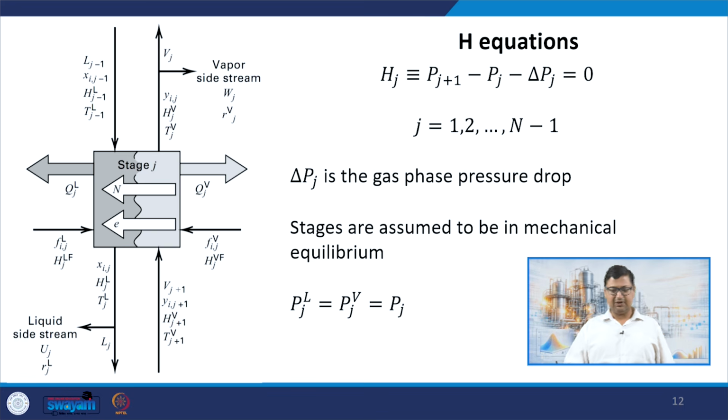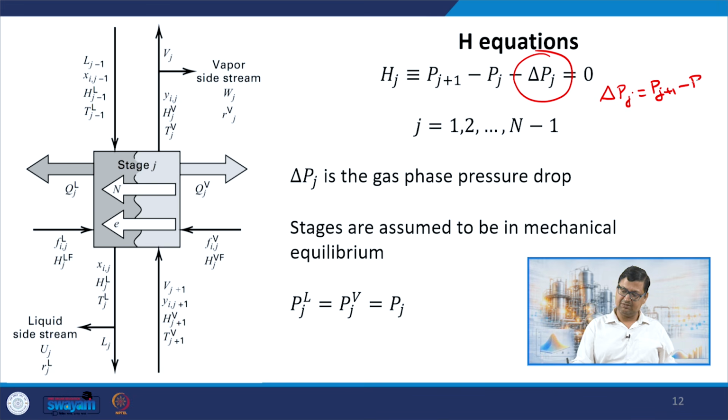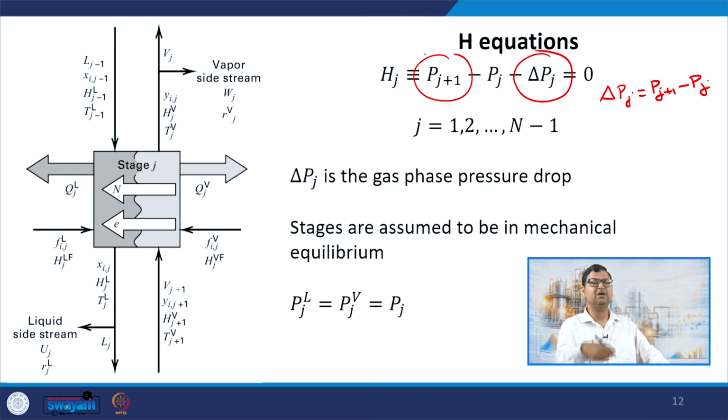And then we can write the H equations, the hydraulic equations that correspond to the pressure. So, we say that there is a net pressure drop delta Pj between the stages, which is defined as Pj plus 1 minus Pj, and we are writing it for 1 to n minus 1, because for the nth stage this Pn plus 1 is not defined.